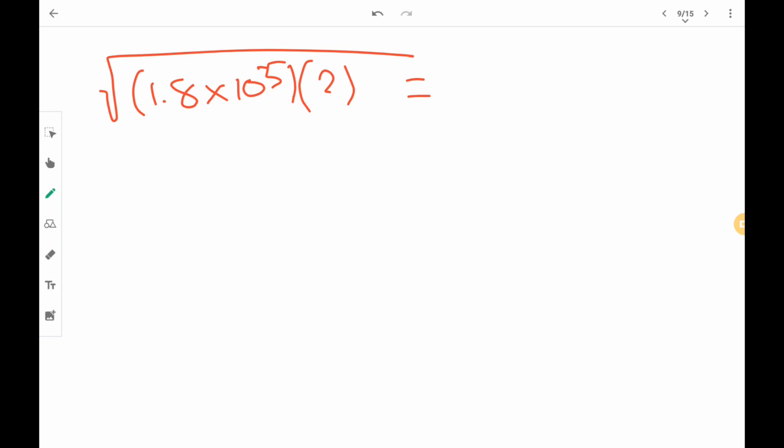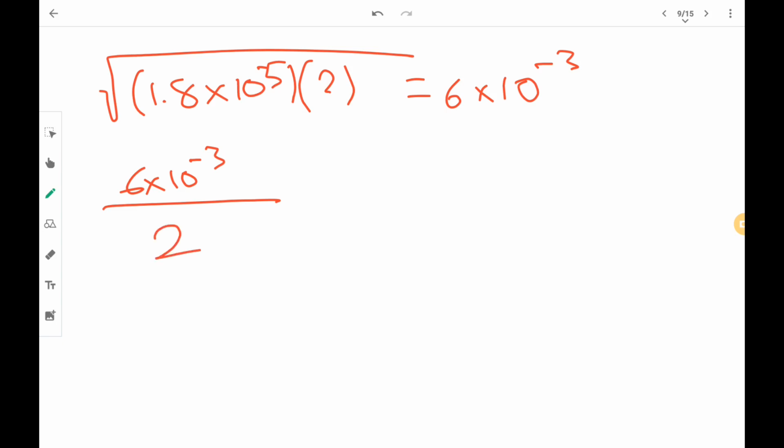You'll get the concentration of OH minus to be 6 times 10 to the minus 3. And then you do that over the total concentration, which is 2. You will get 3 times 10 to the minus 3. Then you actually don't need to do the expression, you just need to multiply alpha times 100, which is 0.3%.